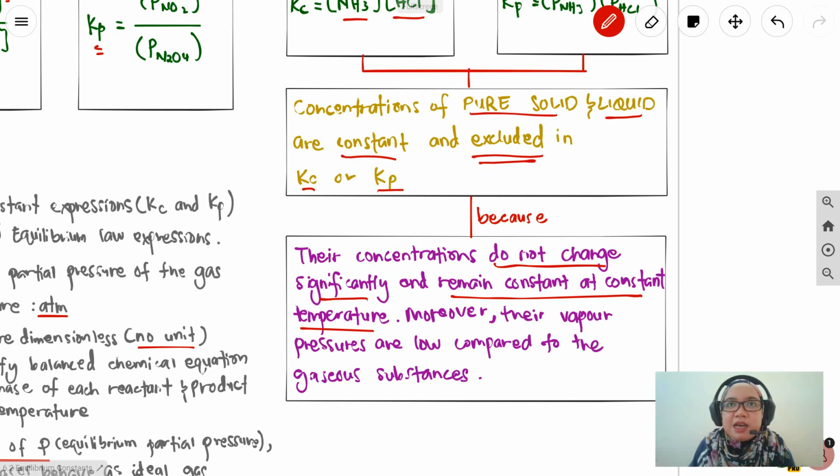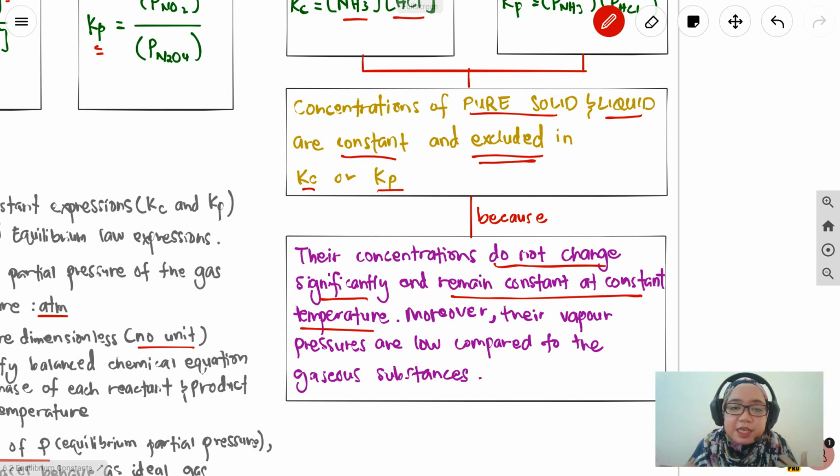The amount per unit volume is the same, so the density of the solid remains the same at that temperature, which means the concentration will not change as well. That is why we exclude the concentration of pure solids and liquids, since they do not give any significant change in concentration.